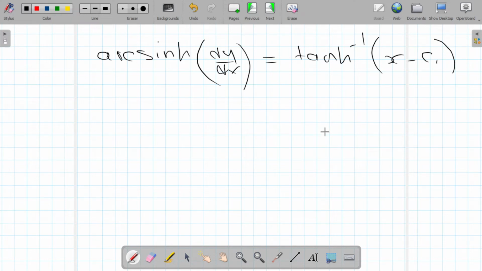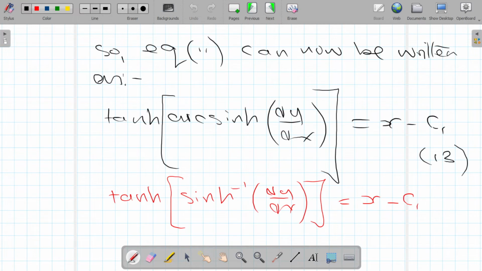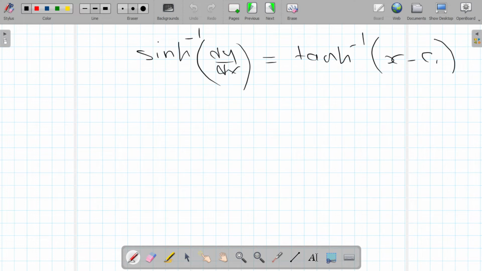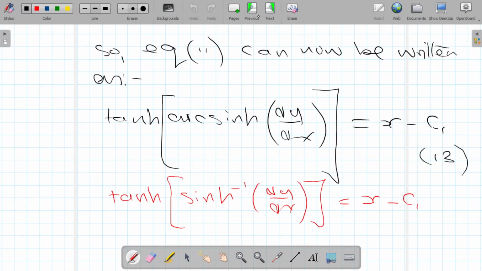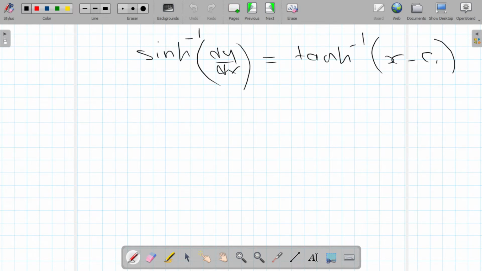And to be consistent, I think it's better if I just write the inverse sinh function like that, so that it's consistent with what we now have on the right-hand side. So in the end, we have used the red version here to get to this version. So we'll call that equation 14. We're still not finished because we have to get dy by dx on its own.